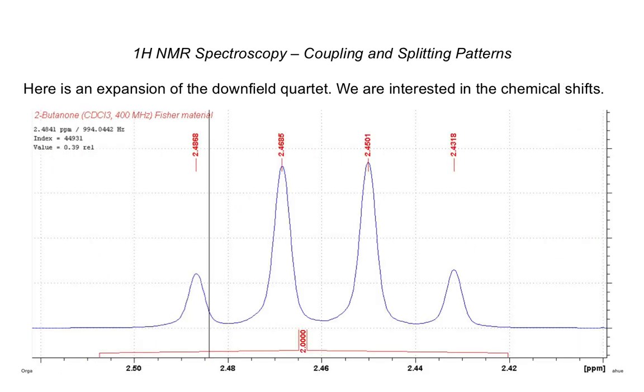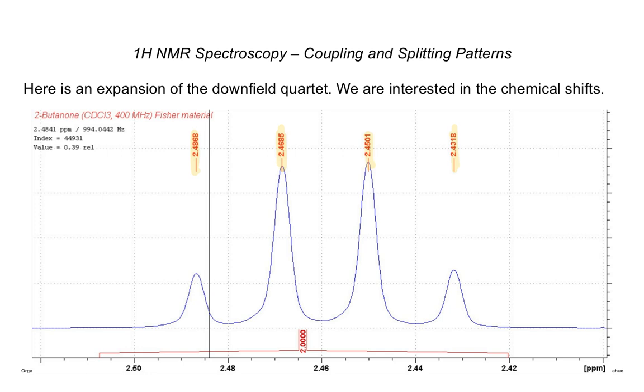Now, what we're concerned about for the quartet, we have 4 numbers. So let me highlight those in yellow. I'm highlighting these numbers at the top. Basically, those are the chemical shifts for the 4 lines in the quartet.